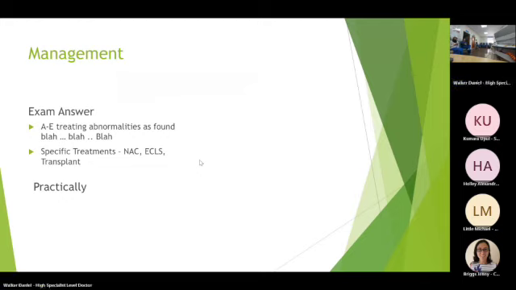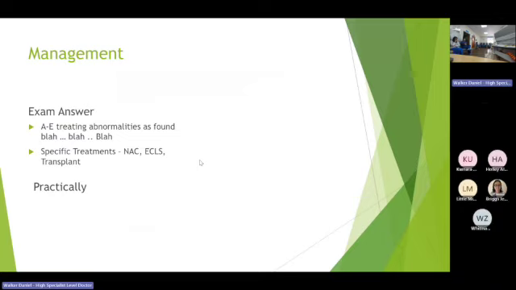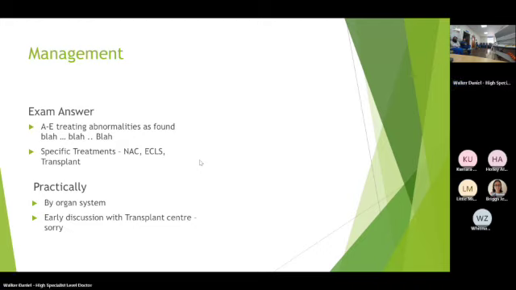ECLS, so some extracorporeal support. So King's have written about using ECMO for patients. There's also been various trials about synthetic livers, which we'll touch on briefly, and transplant. Practically, it's generally multi-organ support, which we get involved with, and an early discussion with the transplant centre.